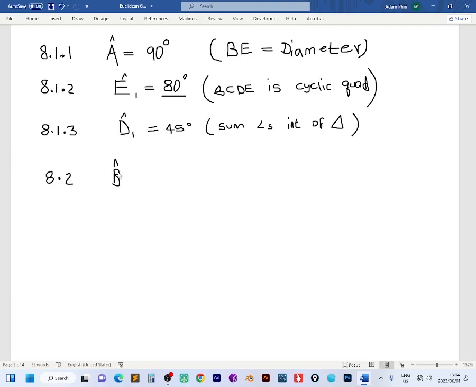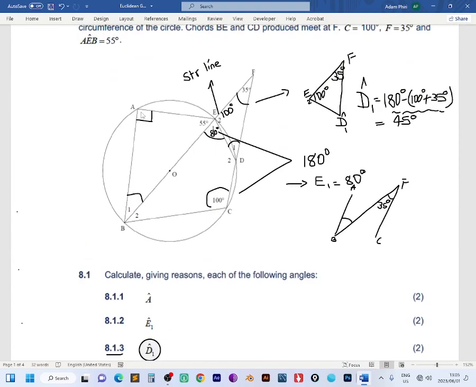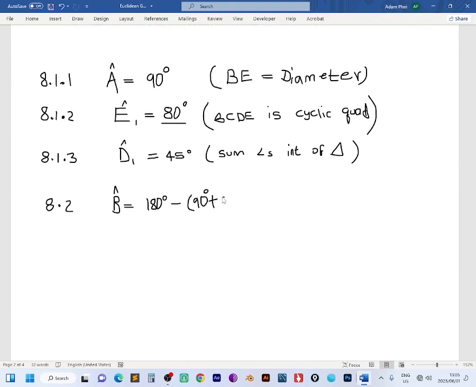As we get to solve for angle B, in this case we'll see which part of the B we need to solve. The part of the B that touches the parallel line. So it's going to be 90 degrees. That is part of the ABE triangle, plus 50 degrees, yeah, that's 50 degrees.